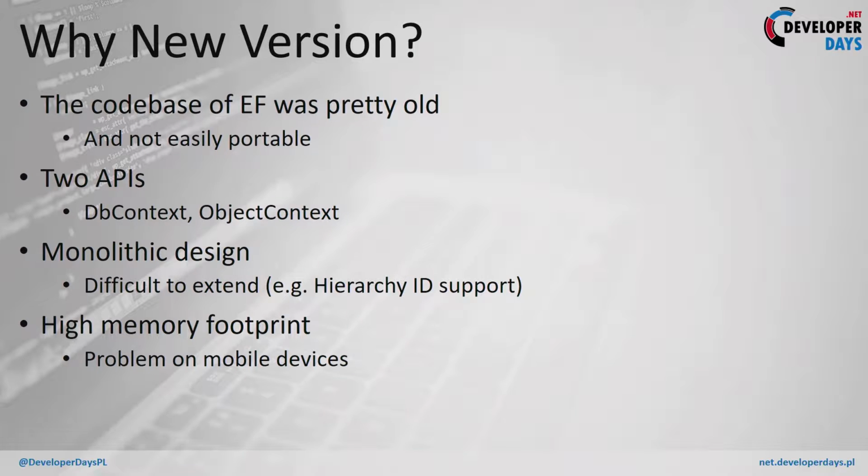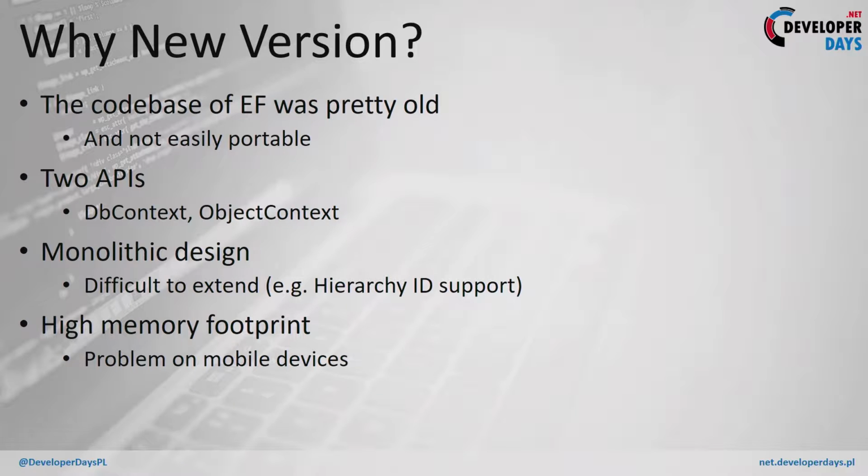If the type of the column is hierarchy ID, then do something. And it's in many files in the Entity Framework code base. So the extensibility for support, for example, of new data types is not very easy, and that's one of the concerns Microsoft had in creating Entity Framework Core, so it would be much easier to extend.